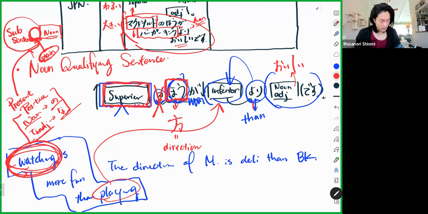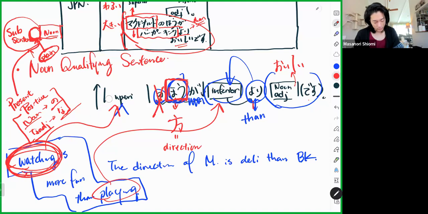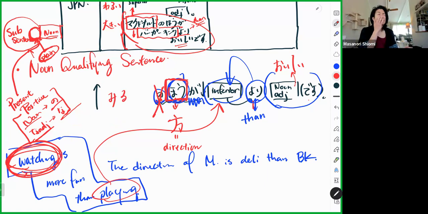Let's do this. Watching is more fun than playing. Watching. The verb to watch is miru, right? And then miru is a verb. It's not a noun, so we don't need a particle, no. Miru is already a dictionary form. It's not mimasu, right? This is not dictionary form. It's the long form, a polite form. Miru is already a dictionary form, or plain.